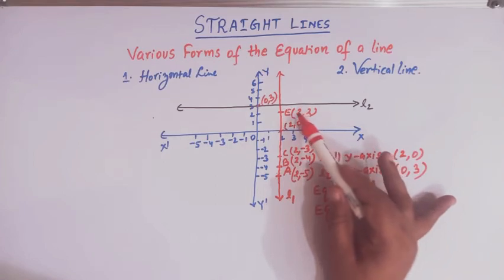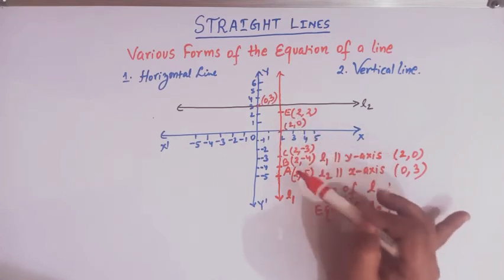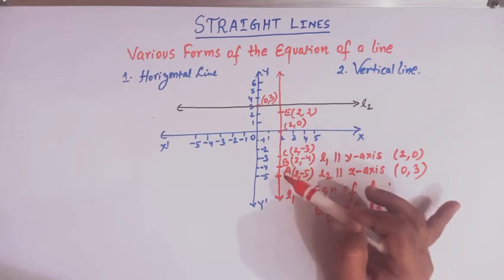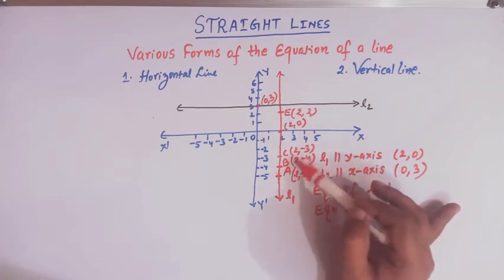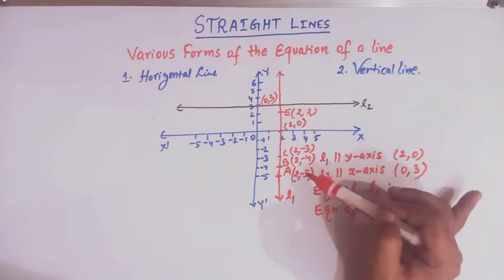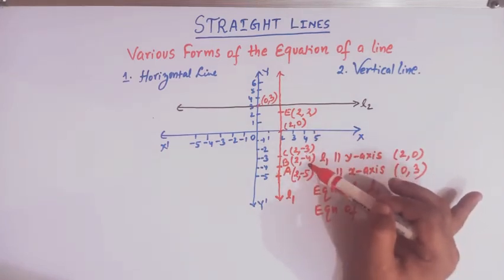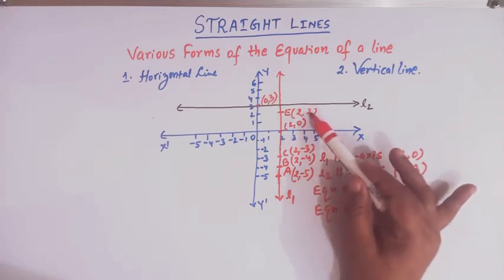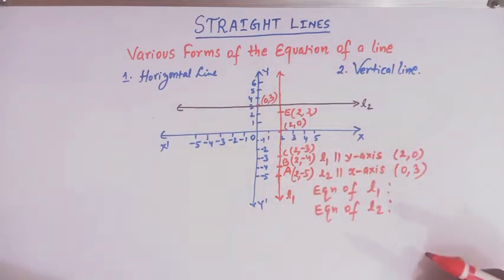Now if we observe the coordinates of the points A, B, C, E, then we see that the x coordinates of all these points are the same, that is 2, but the y coordinate keeps on changing. Here it is -3, here it is -4, here it is -5, here it is 0, and here it is 2, and so on, right?